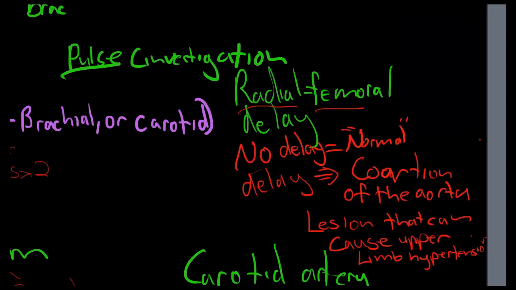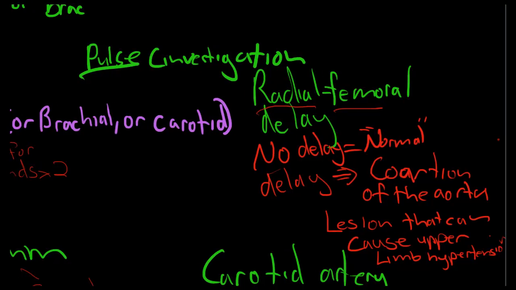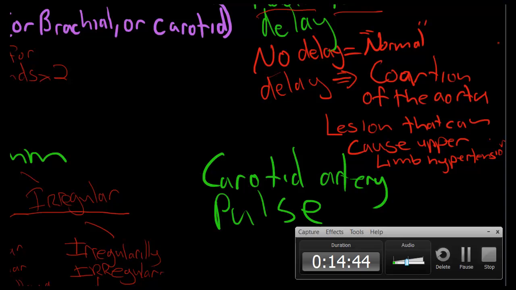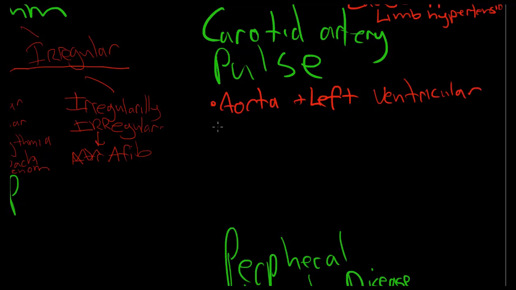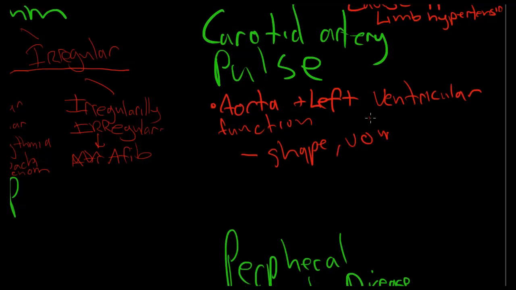Okay, go back here. Alright, so carotid artery pulses tell us about the aorta plus left ventricular function. When you're measuring it, you need to look at shape, volume, amplitude.